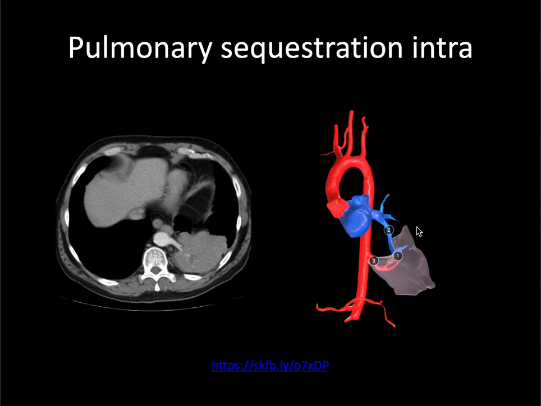The sequestered lung shows up as a clear mass here on the 3D representation, showing number 3, the systemic arterial supply, and then the pulmonary venous return into the pulmonary vein there.